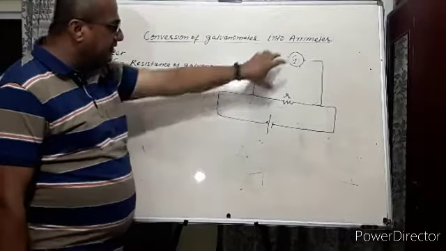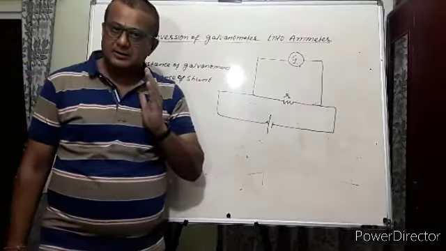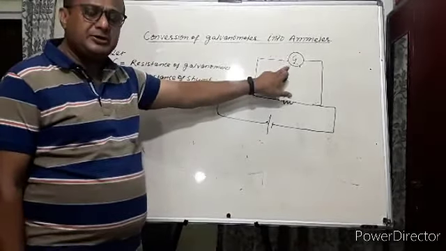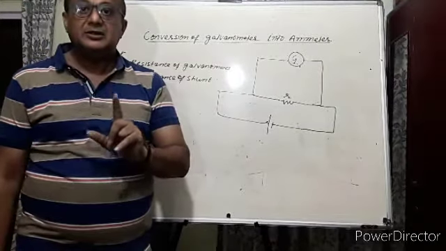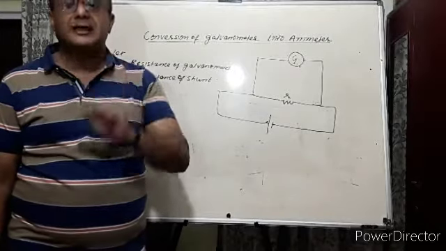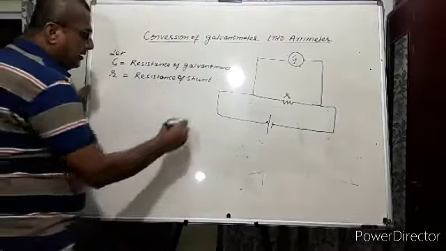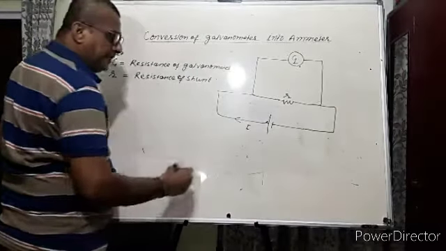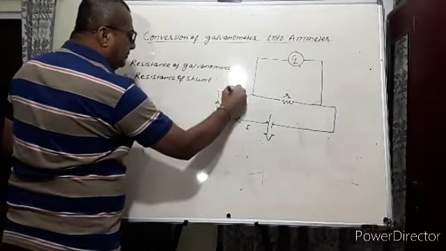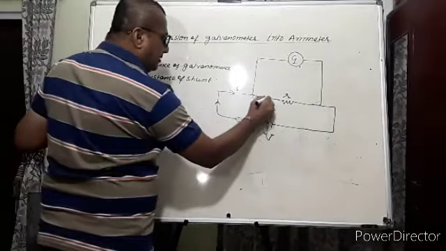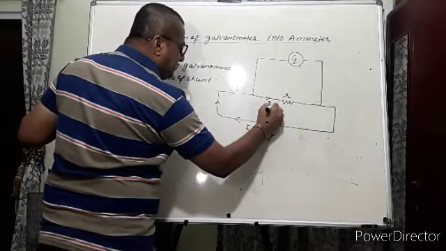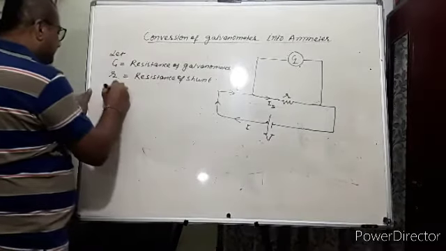This arrangement is now taken as an ammeter, meaning that when the galvanometer shows deflection, it gives the value of current. Now when current passes through the battery, suppose the potential difference of the battery is V and the current is I. Suppose the current through the shunt is IS.